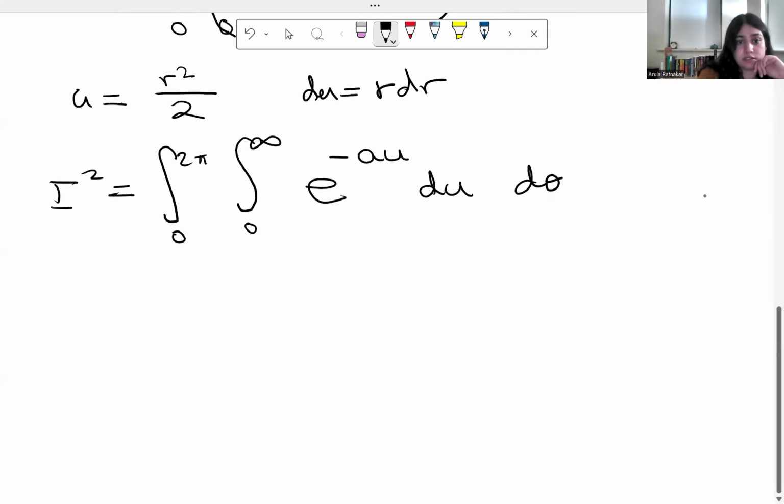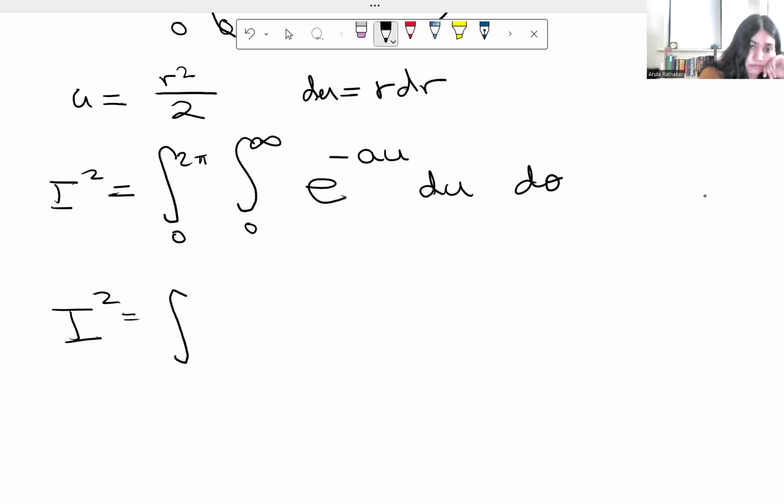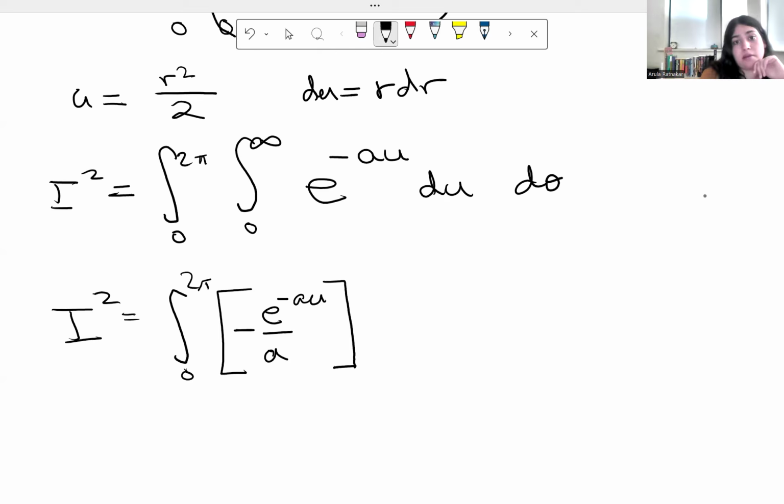What this inner integral evaluates to, I might stop writing this I squared in future steps, is the integral from 0 to 2 pi of negative 1 over a times e raised to the negative a u, and by the way, the limits for u don't change, but when you're doing these kinds of substitutions, you should double check whether or not the limits change.